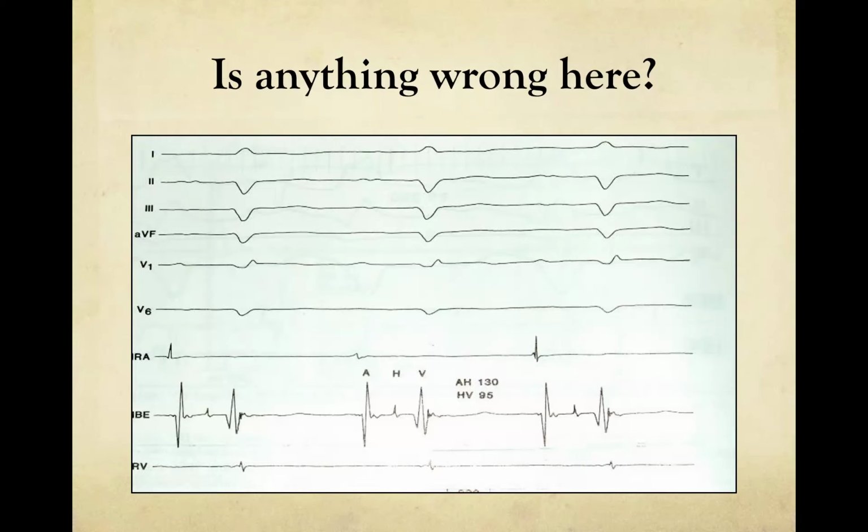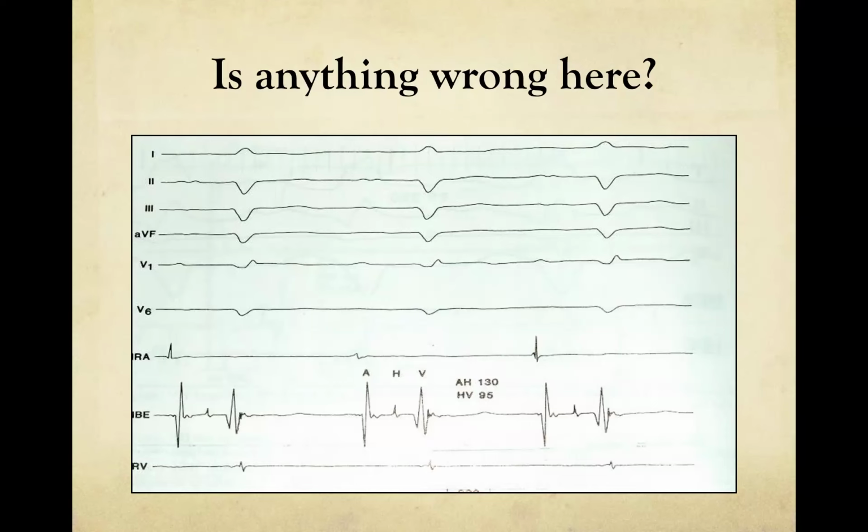So what does the AH interval reflect on this intracardiac electrogram? It's a reflection of the conduction from the atrium to the His bundle. Okay, that's true. But what do we believe that's reflecting, though?